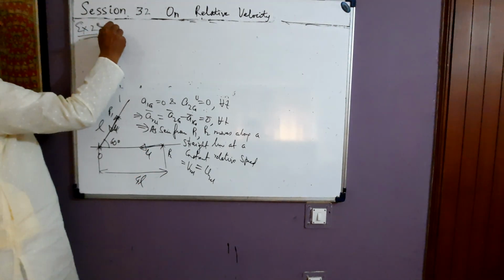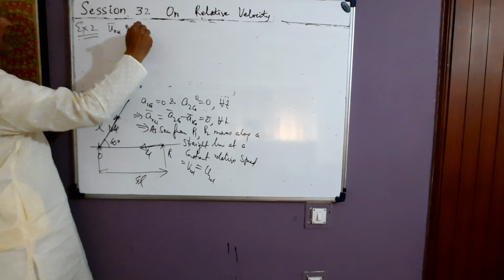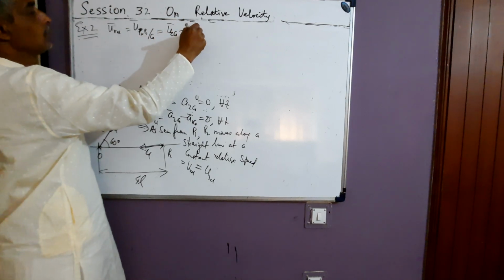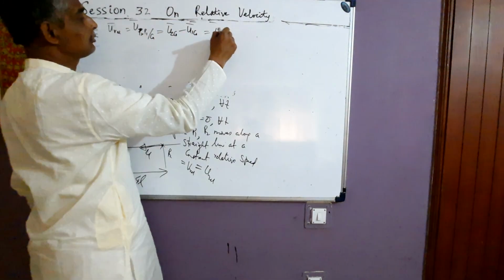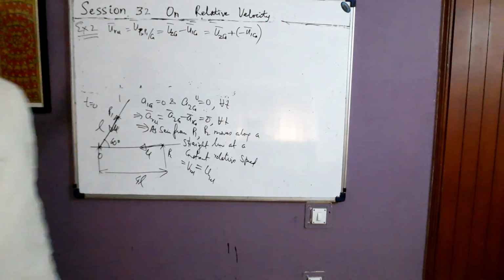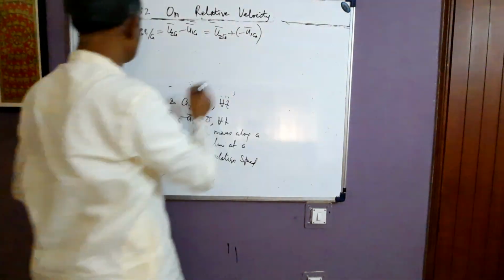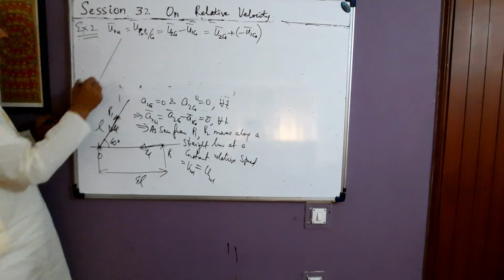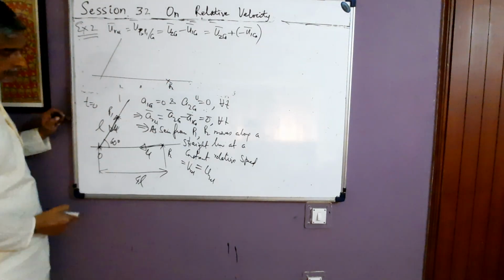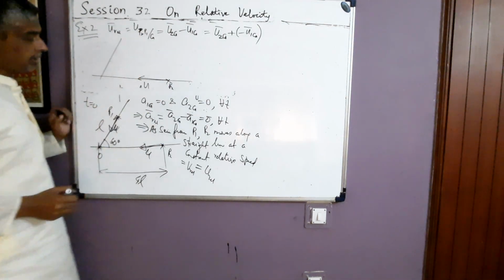Now u relative is the relative velocity of P2 with respect to P1, that is equal to u2g minus u1g, which is just u2g plus the reverse of u1g. So I draw the diagram here. This is P2. u2g is nothing but u on this side, and u1g is like this.